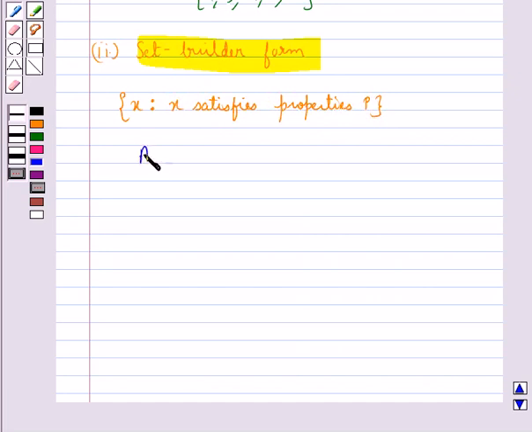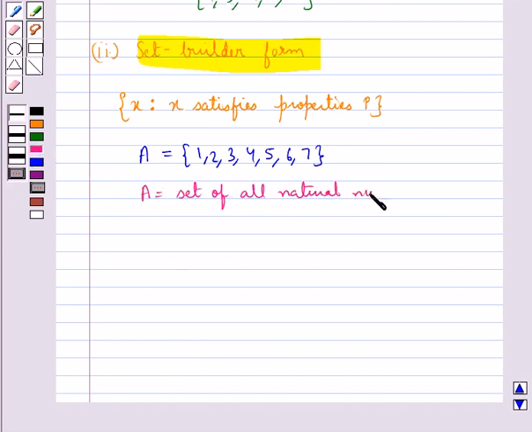Suppose we consider a set A equal to 1, 2, 3, 4, 5, 6, 7. As you can see, this set A is the set of all natural numbers less than 8.